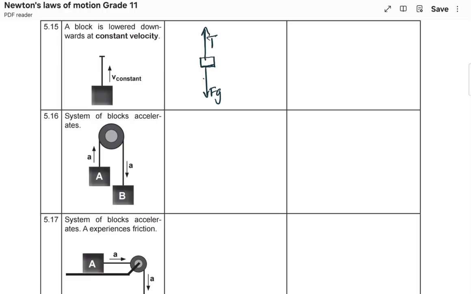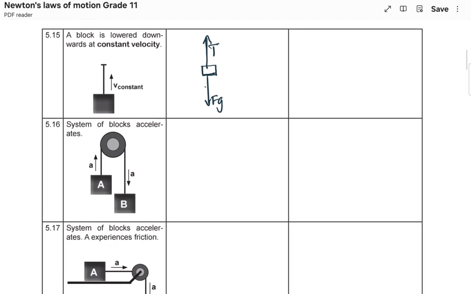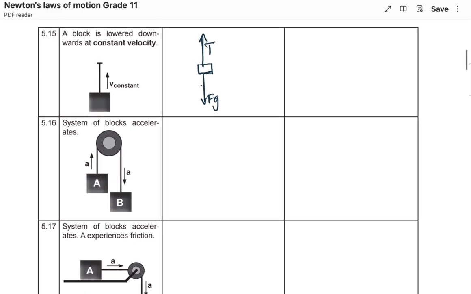The tension will be constant. These two forces are equal and in opposite directions. So I'm having the tension, and I'm having the gravitational force.